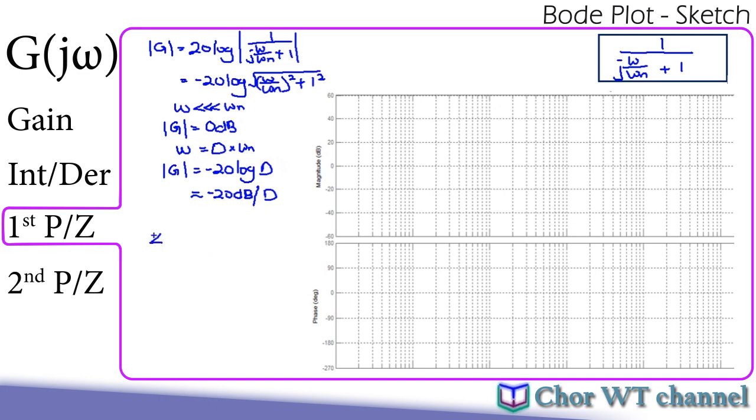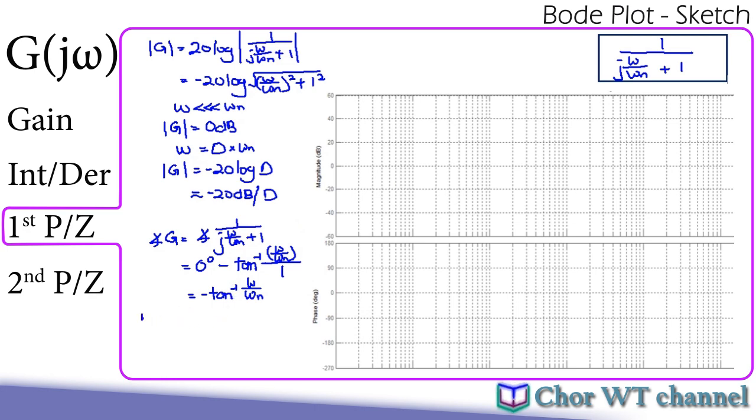For the phase of g, it will become the phase of 1 over j omega over omega n plus 1, and this will become 0 minus inverse tangent of omega over omega n divided by 1, which is inverse tangent of omega divided by omega n. We are going to assume three cases over here.